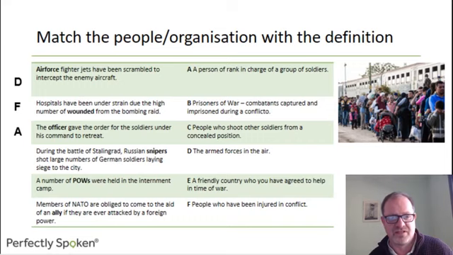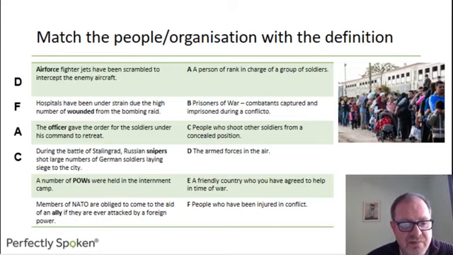And the answer is, well, a sniper is C, people who shoot other soldiers from a concealed position. There's a film, I think, called Enemy at the Gates, where you can see what happened during the Battle of Stalingrad, and you can also see snipers in this film.